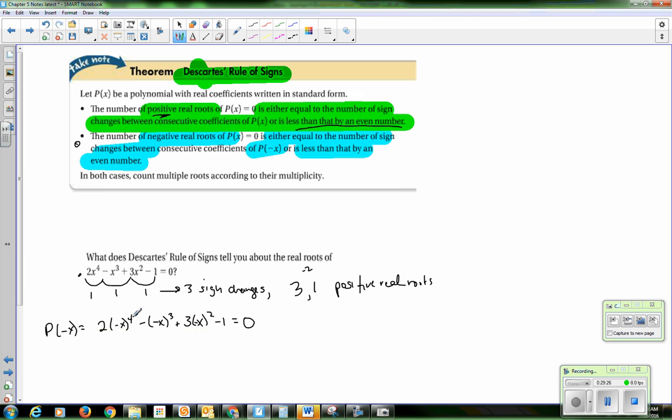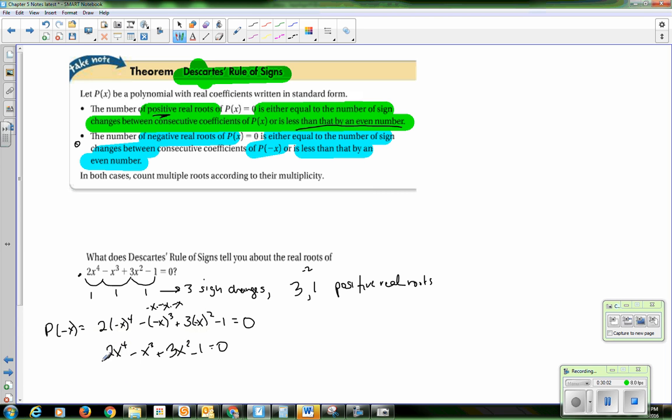So if you have an even power, this is just equal to 2x to the fourth, positive. When you have an odd power, this is negative x times negative x times negative x. So I have a negative and a negative, which gives me a positive, times another negative, which gives you a negative. So it would be negative x cubed. Anything squared is positive, it doesn't change the sign.